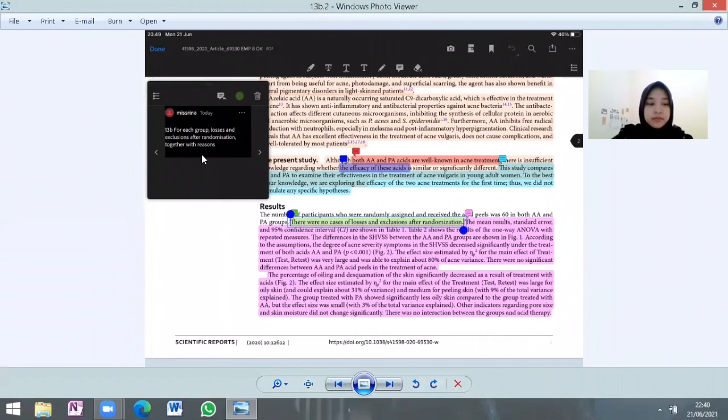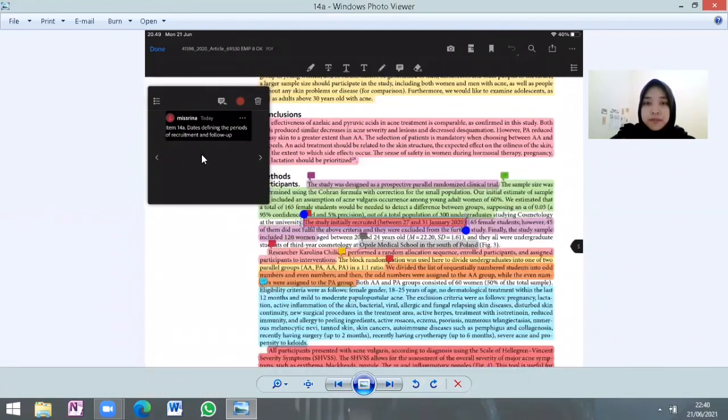That's for number 13B. The next checklist is number 14A, dates defining the periods of recruitment and follow-up, which is reported on page number 7 and page number 5. On page number 5, the study initially recruited between 27 and 31st January 2020.